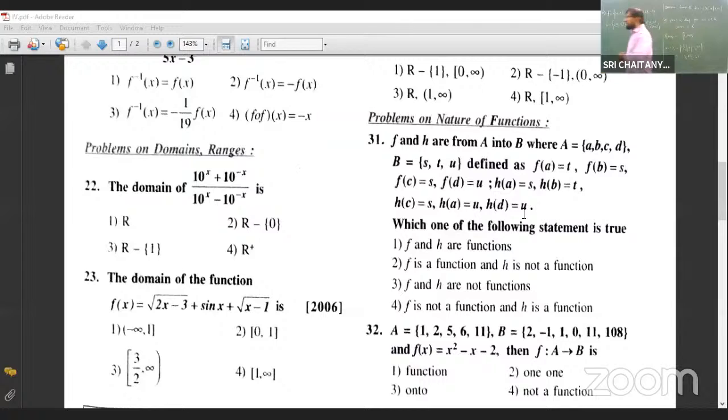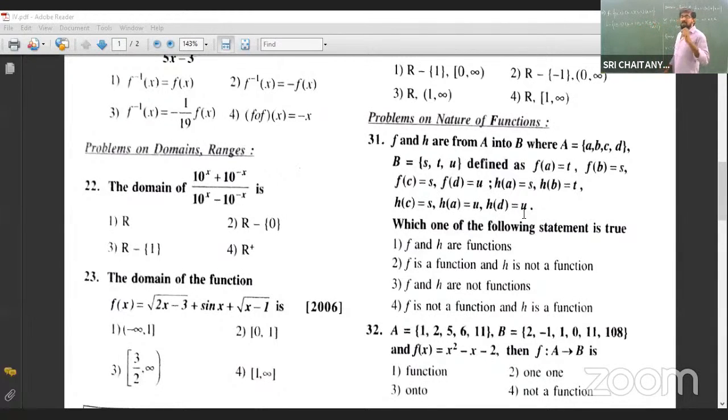Why is it not a function? If it repeats, why is it not a function? What is called a function? Every element in set A should have only one image in capital B. But here, the element small a has two images, one is s, another one is u. Hence, H is not a function.